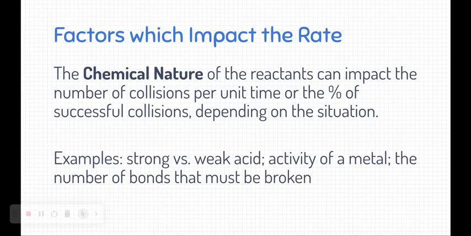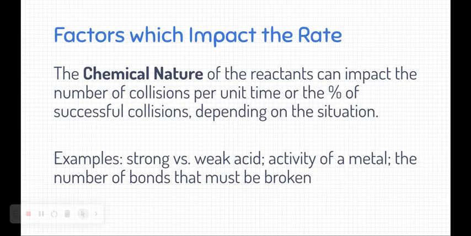A good example would be comparing a strong versus a weak acid. A strong acid, which ionizes completely, is often going to cause a reaction to occur more quickly than a weak acid. Another example would be a reaction that involves a metal losing an electron or electrons.